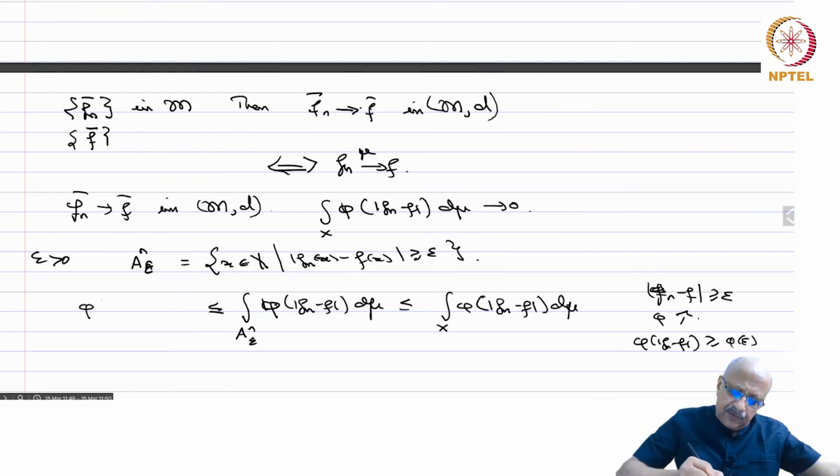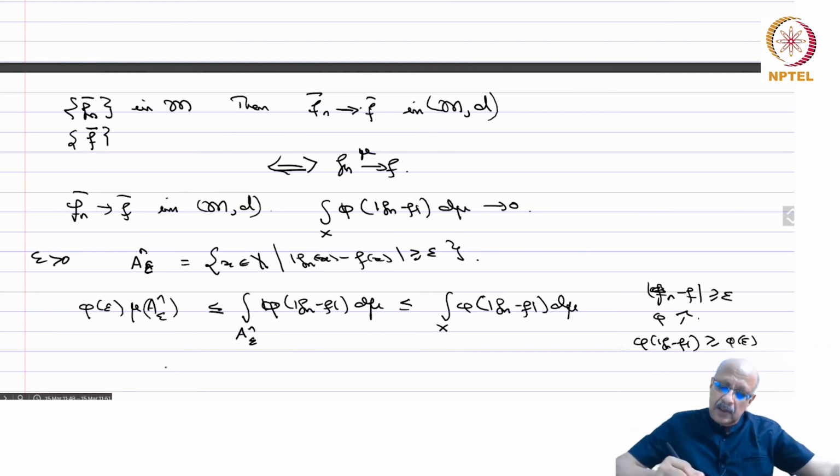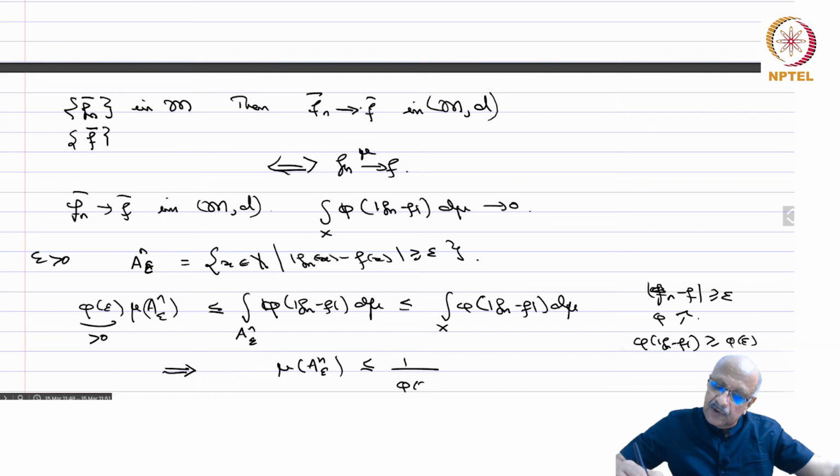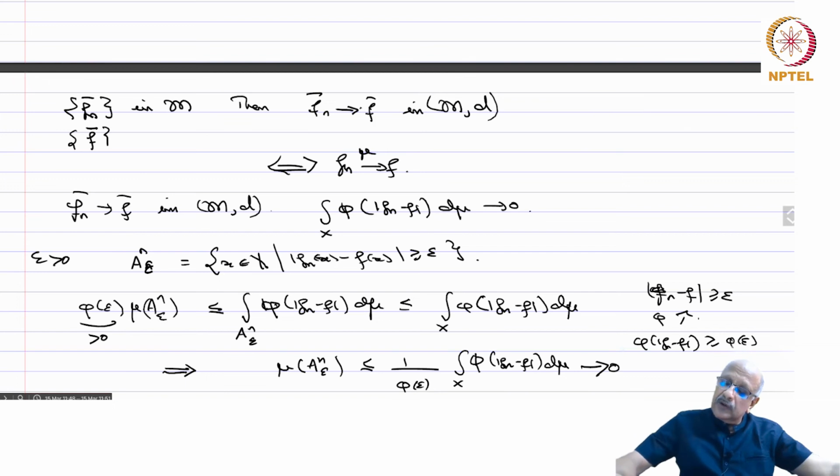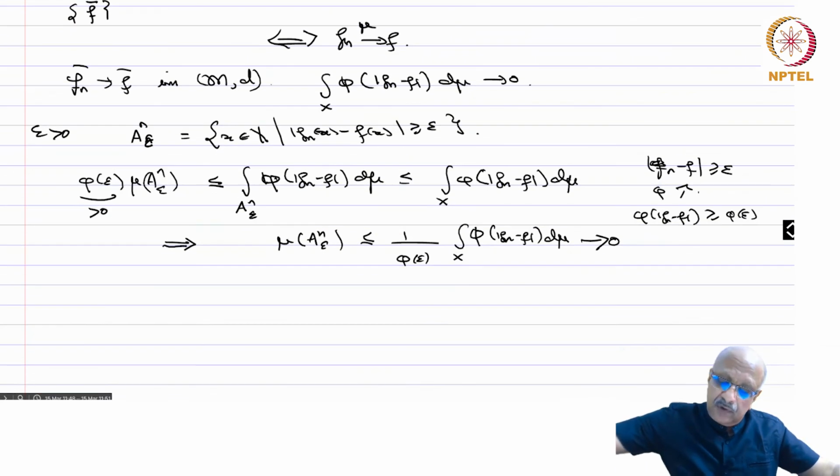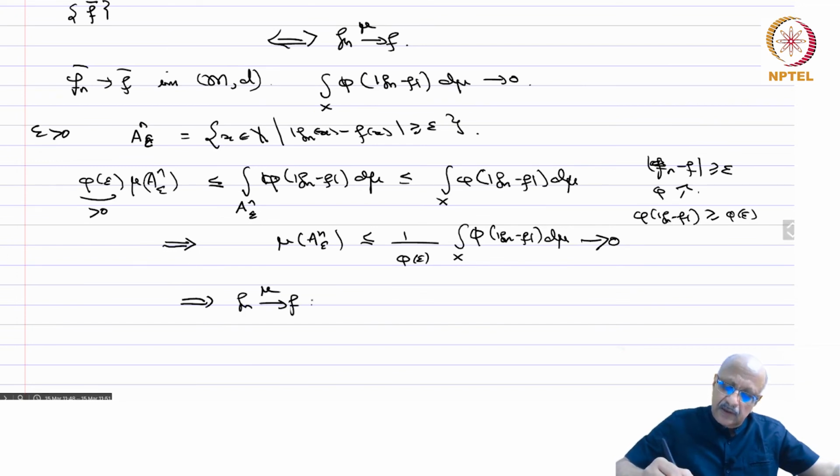So this is greater or equal to phi of epsilon times the measure of A_n epsilon. Epsilon is strictly positive, so phi of epsilon is strictly positive, and therefore mu of A_n epsilon is less than or equal to 1 by phi of epsilon times the integral over X of phi of mod f_n minus f d mu, and we are told that goes to 0. Therefore f_n converges to f in measure.